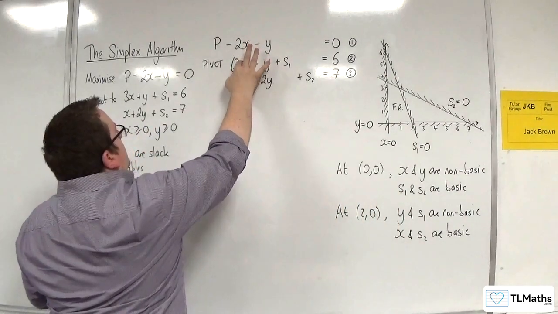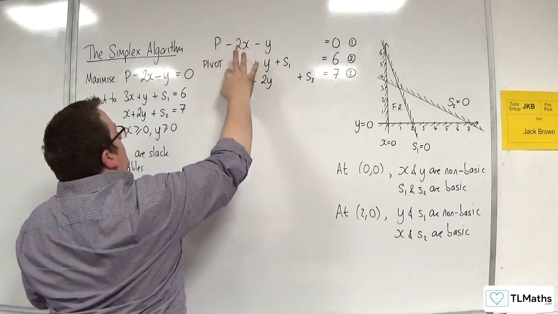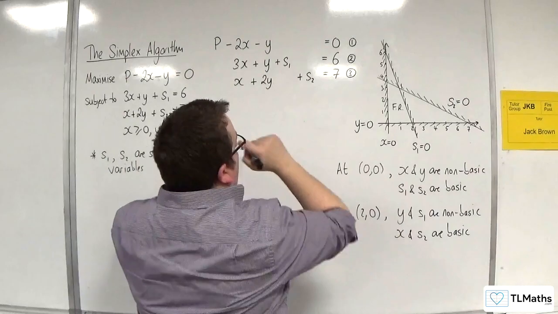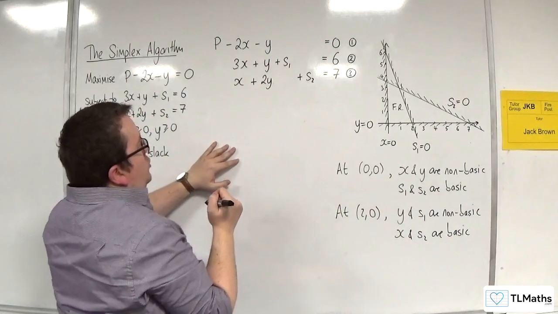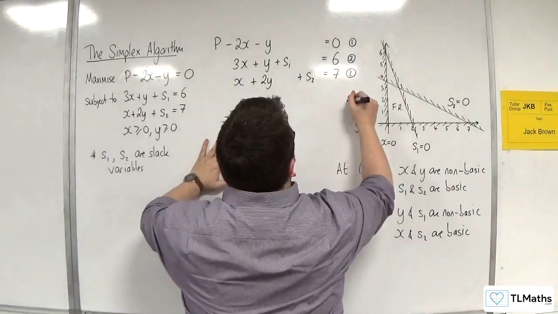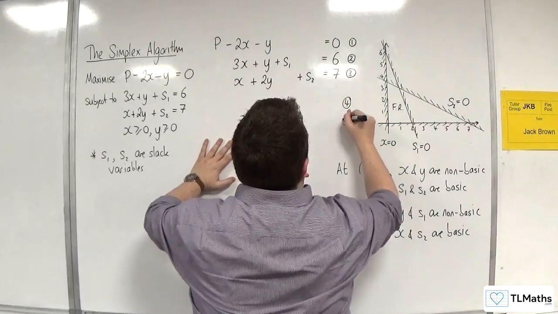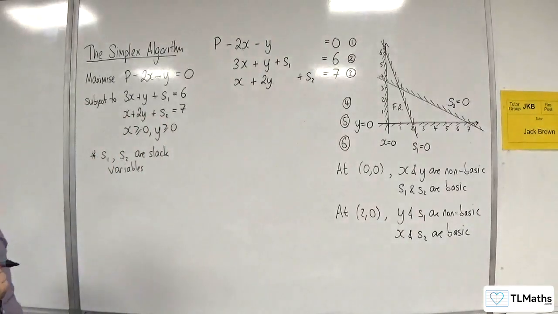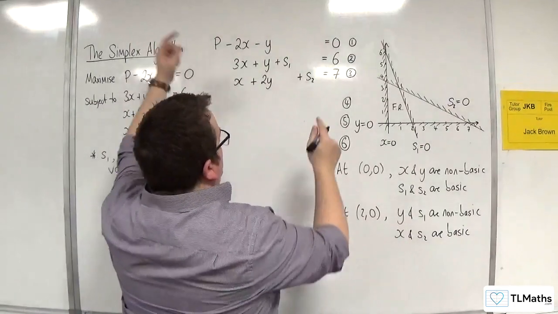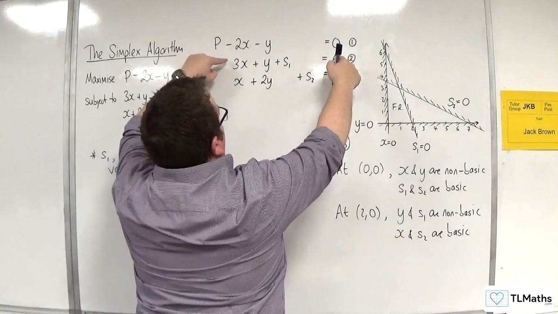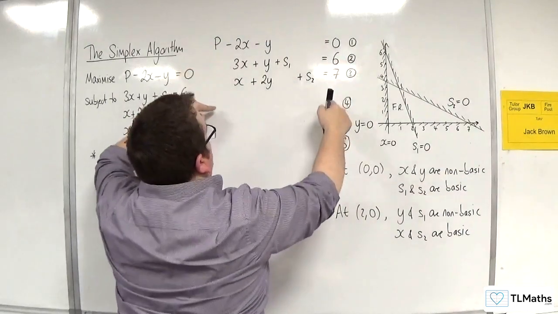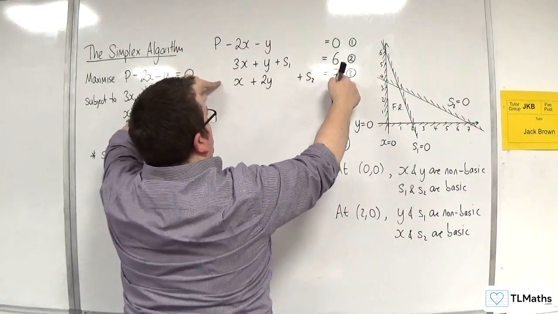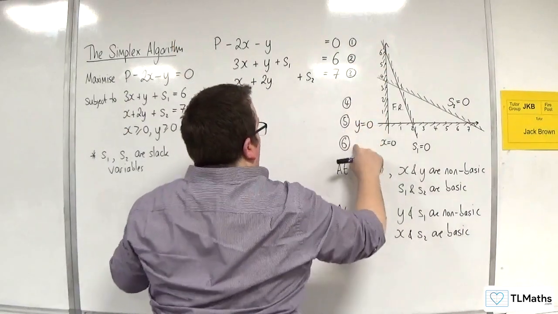So I'm going to have 3 new equations: equation 4, equation 5, and equation 6. Now equation 5 is going to be the new equation 2. Equation 4 is going to be the new equation 1, and equation 6 is going to be the new equation 3. So 1, 2, 3, 1, 2, 3.